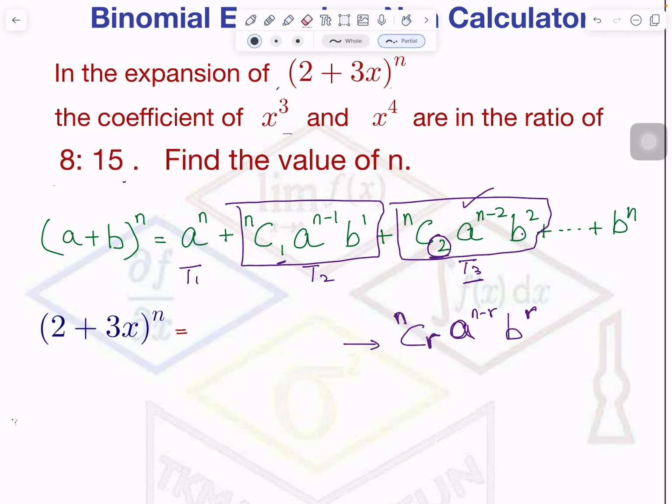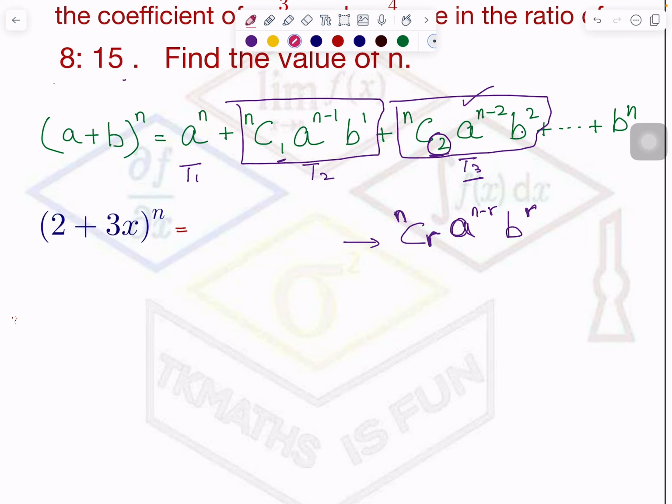Because you have to find the coefficient of x³ and x⁴, let's do it directly. b in the given question is 3x, a is 2 and n is n. You don't know r, but it's like a hidden thing, right? If I'm finding the coefficient of x³, that is only possible when 3x has power 3.